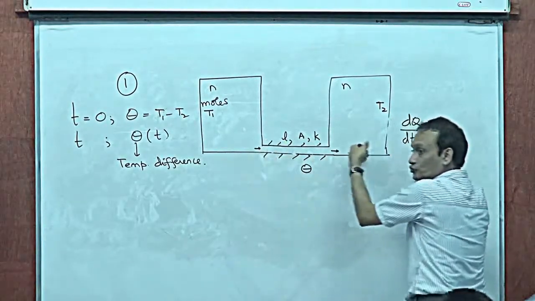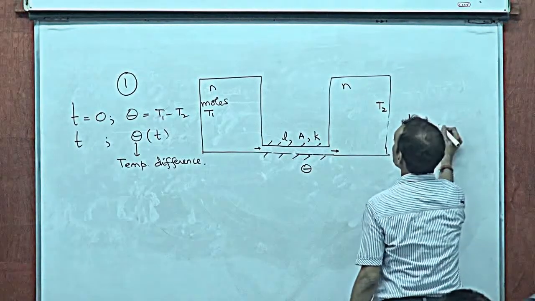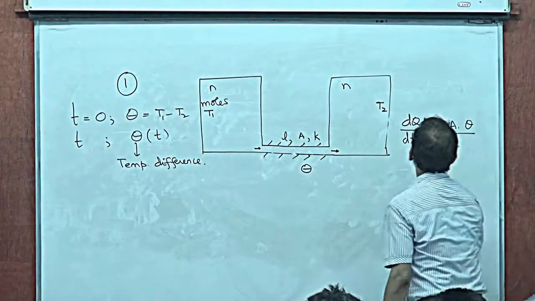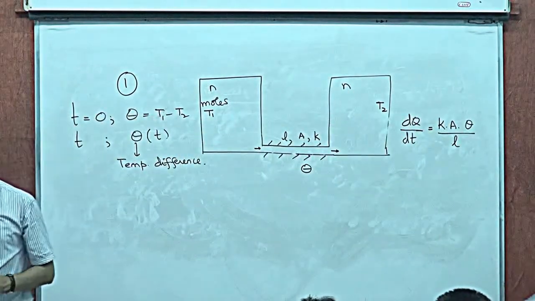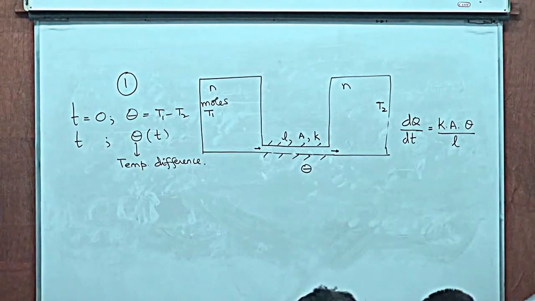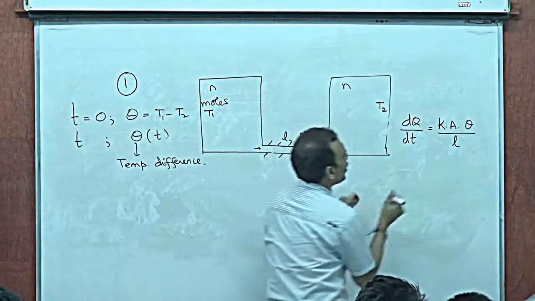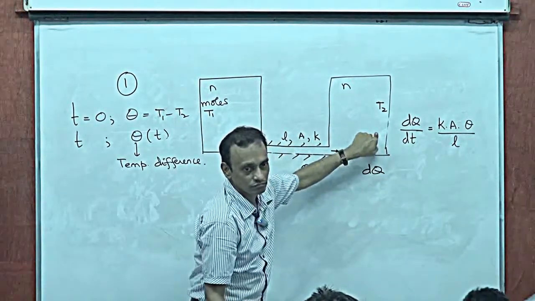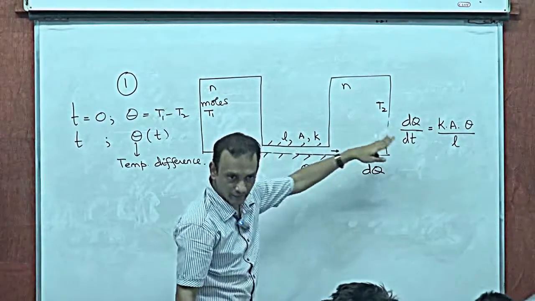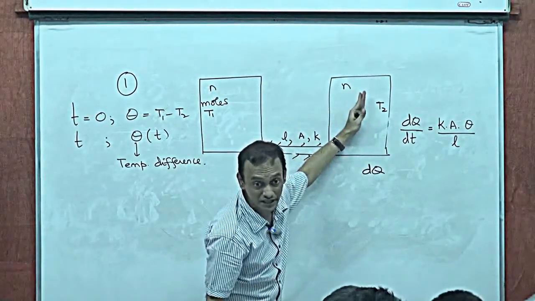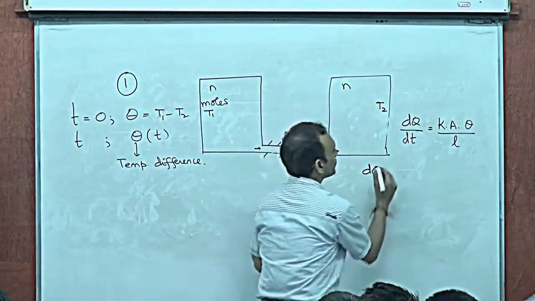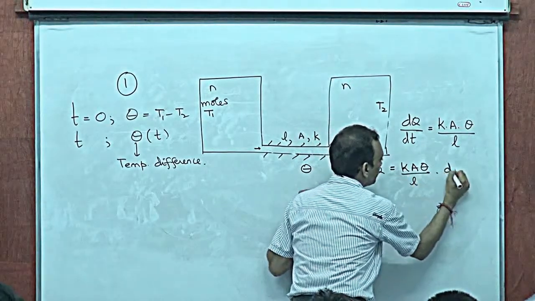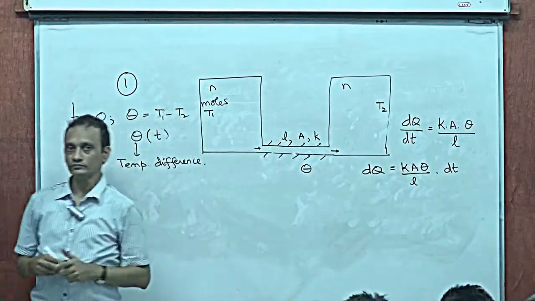That means the watts flowing through the rod, that's going to be KA into theta by L. Which means in a small time dt, the heat dQ lost by this must be the heat gained by this dQ. That's equal to KA theta divided by L into dt, right?